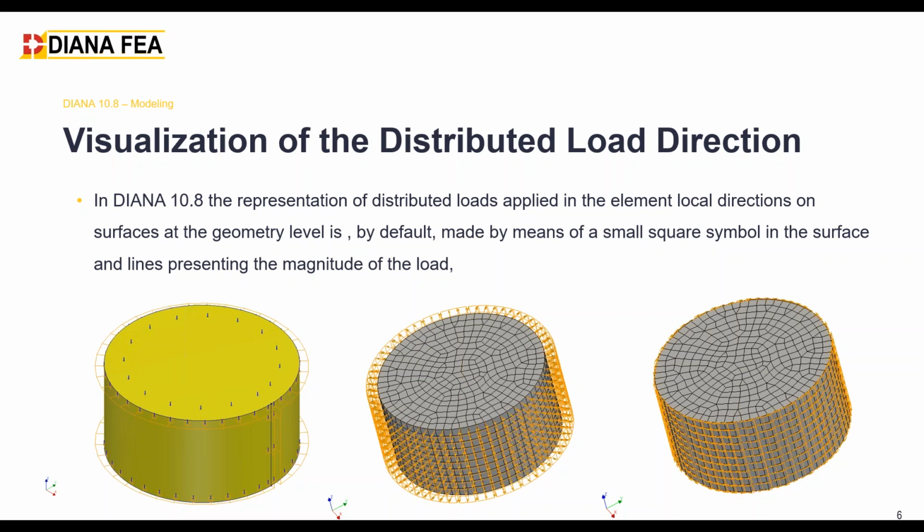Once you mesh, this information is known, and basically the element types and the element local direction are known, so we can display the direction of the distributed load as well as the magnitude. So this is the representation that you will get at the geometry level, and this is what you will see at the mesh level. So you will be able to visualize a circumferential or tangential distributed load applied on the surface of a cylindrical shape, for instance.